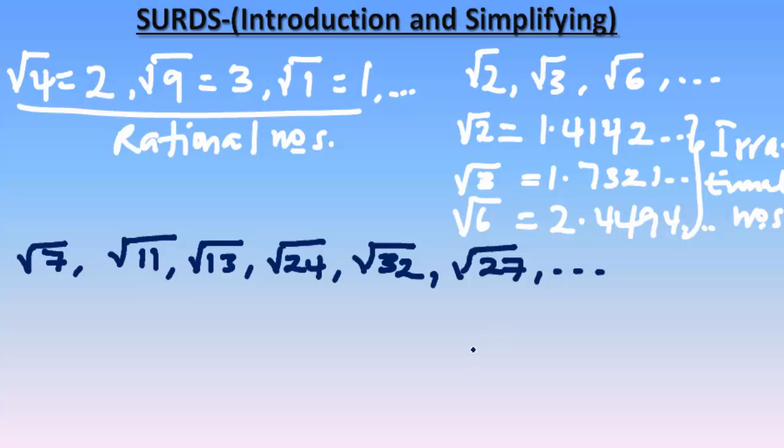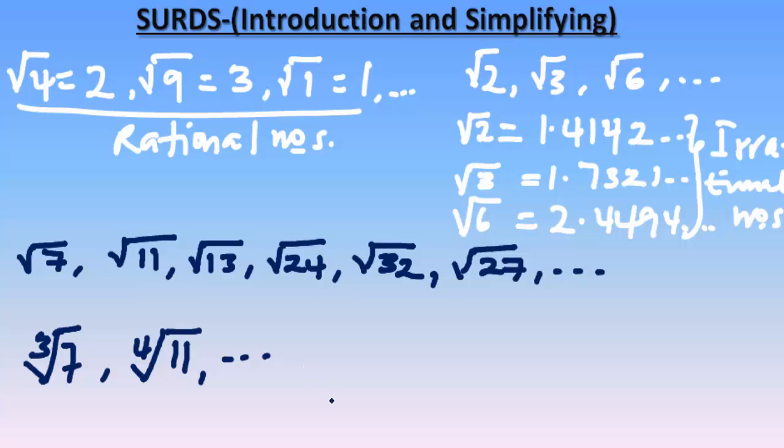So these numbers are called surds. When you talk of surds, we are talking of when non-perfect square numbers are left under the square root sign. Now, surds may also take the form of the third root of 7, the fourth root of 11, and so on.